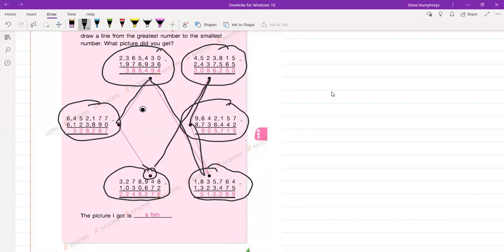Then to there, that's the smallest number. And then back to the largest number. And it says, the picture I got is a fish.